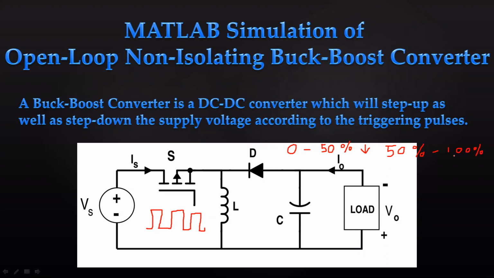I'll explain later why we can't go up to 100%, but near to 98 or 99%. So it will step up the voltage, right? So the basic things will remain the same, just similar to the boost converter or buck converter.